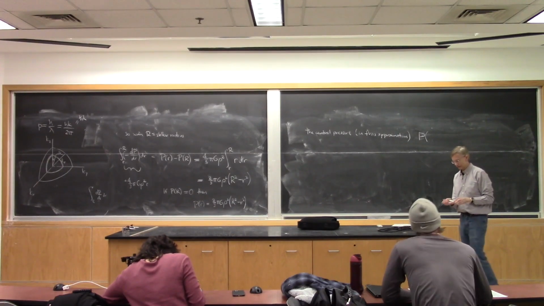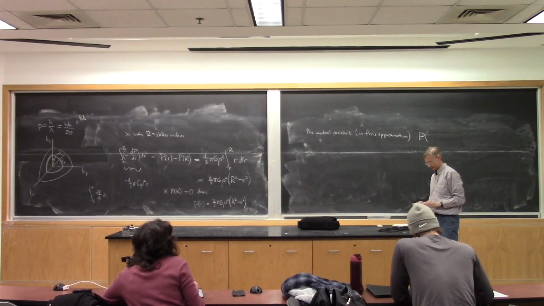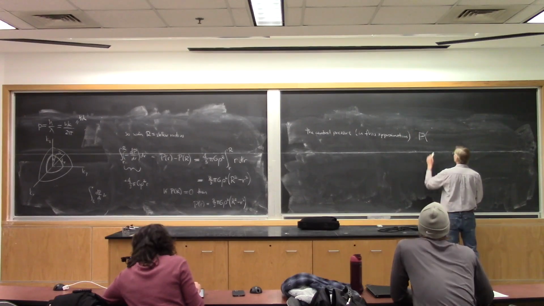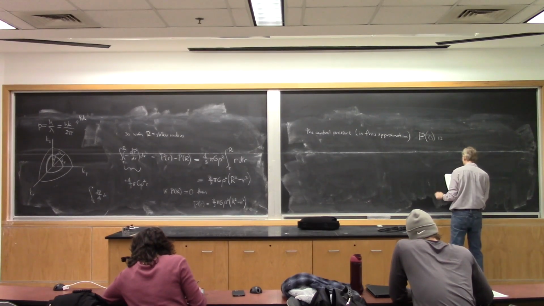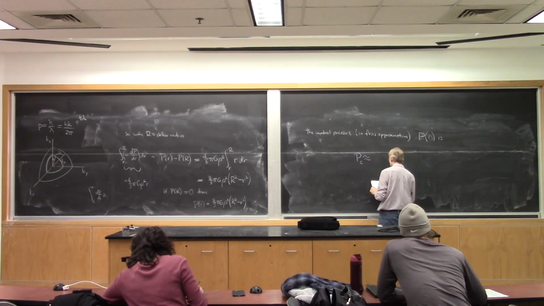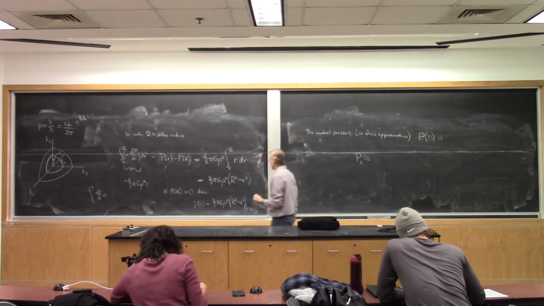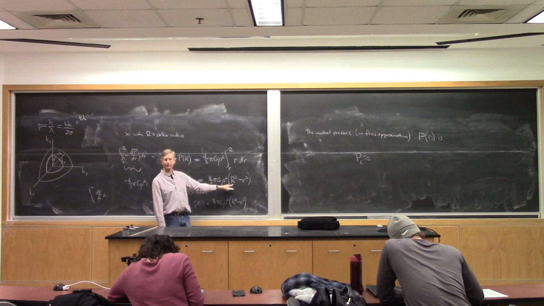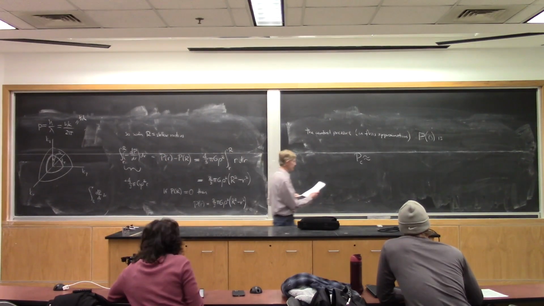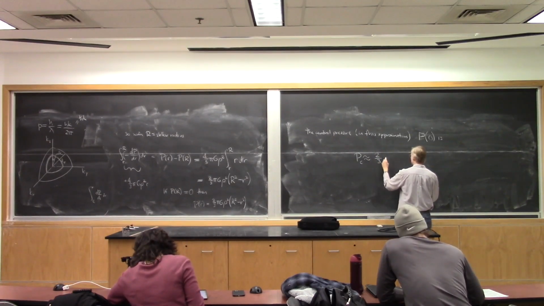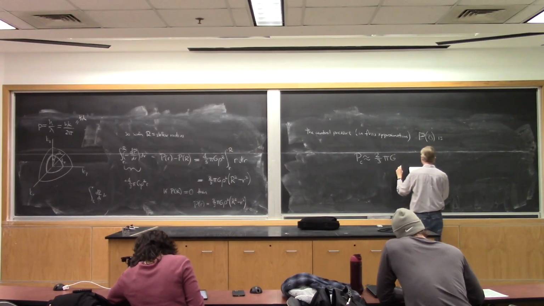P of 0, P sub c, is approximately, because we made these approximations, I just put in little r equal to 0, and all I got is the term with the capital R, approximately 2 over 3 times pi times G times rho squared times R squared.